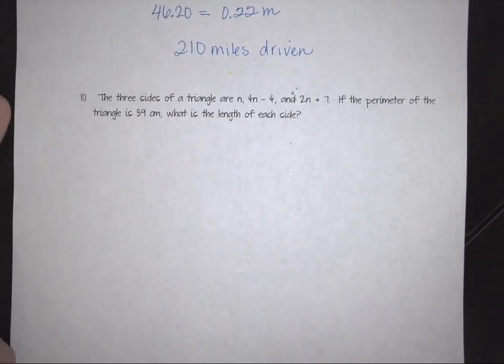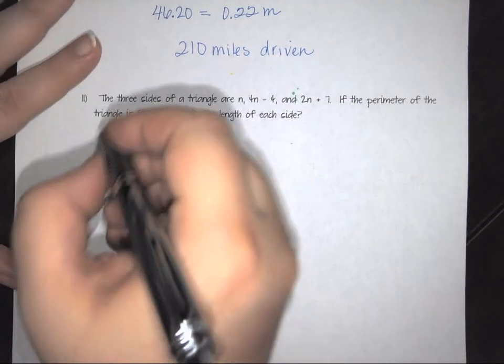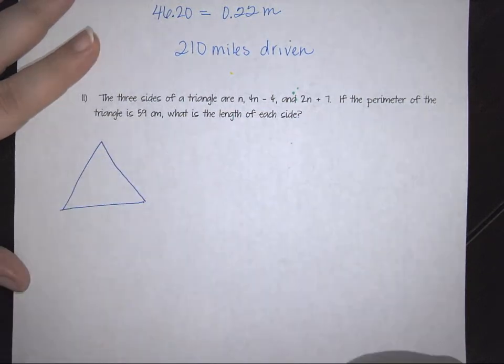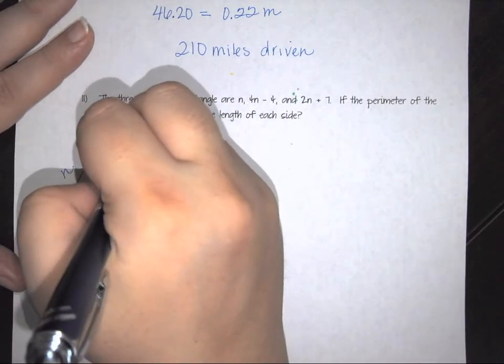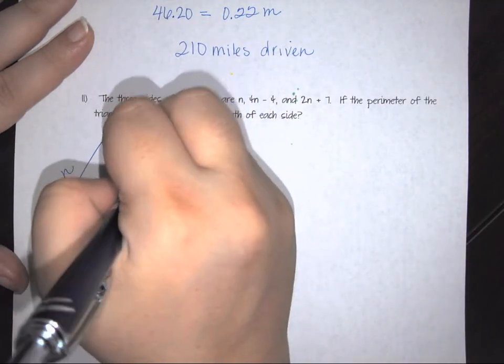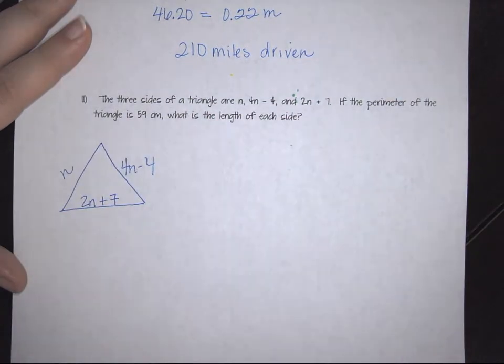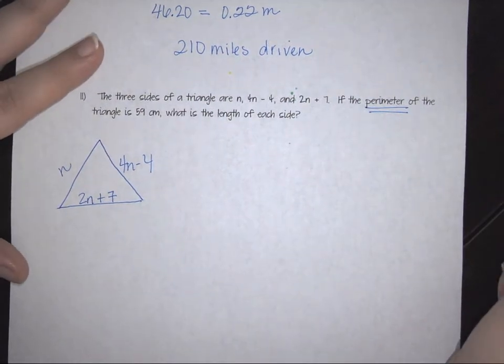Now, the last one I wanted to look at says that you have 3 sides of a triangle, and they are n, 4n minus 4, and 2n plus 7. So if we look at the picture here, I have a triangle, and of the triangle, I have 3 sides. So I have n, I have 4n minus 4, and I have 2n plus 7. And it says if the perimeter is 59, then what is the length of each side?